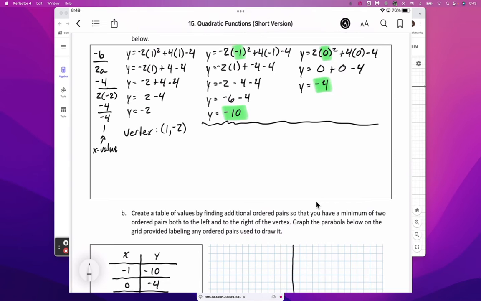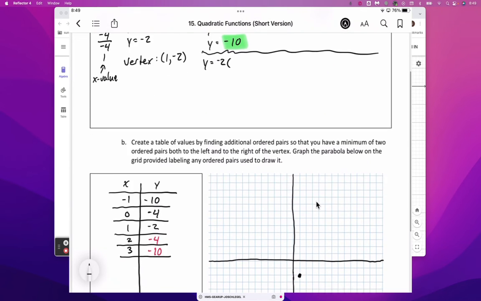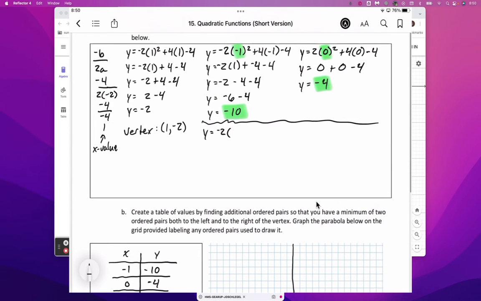So we got y equals negative 2 times our next value, 2 to the power of 2, plus 4 times 2, minus 4. Y equals negative 2 times 4 plus 8 minus 4.